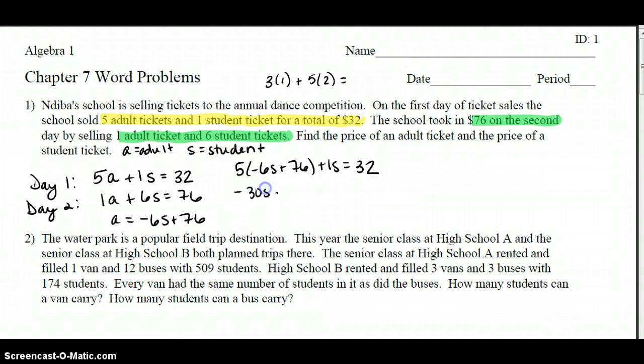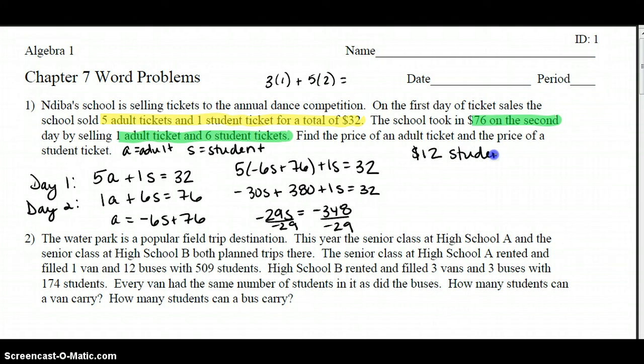Negative 30S plus 380 plus 1S has to equal 32. So negative 29S equals negative 348. Divide by negative 29, and you get $12 for a student ticket.